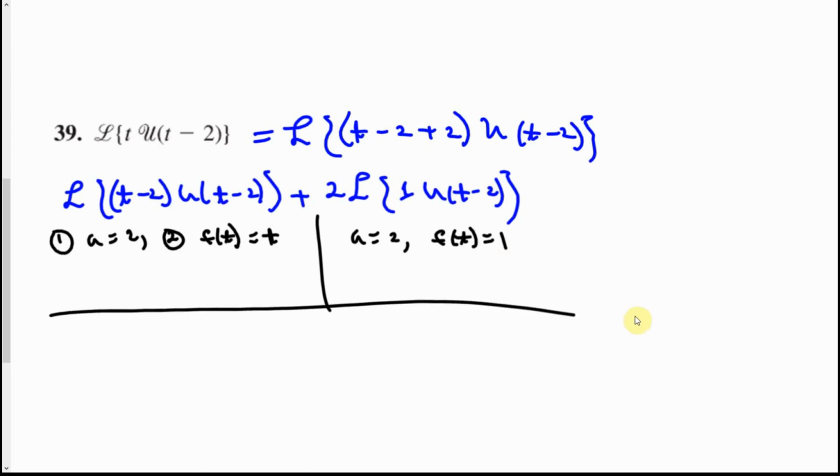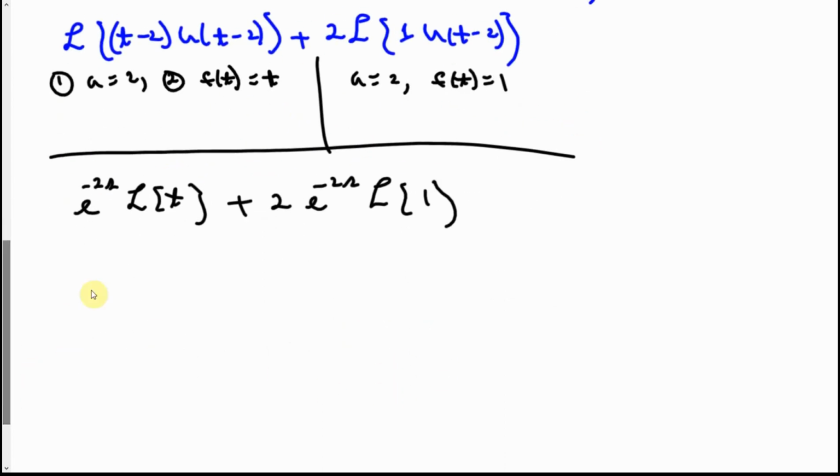Right? So for the first part, this is based on how it's defined. This is e to the negative 2s times the Laplace transform of t, plus that 2 here times e to the negative 2s times the Laplace transform of 1.